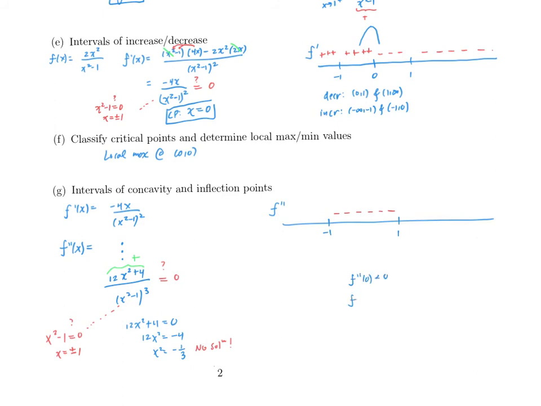And similarly, if you look at something larger, like say f double prime of 2, that will be a positive quantity. The actual value itself isn't important. What is important is being able to determine if it's positive or negative. So if you are correct, making this statement is certainly enough.